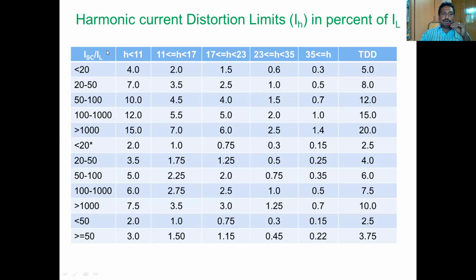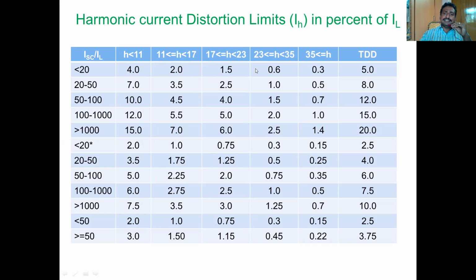Otherwise, if the load current is not maximum, if the load current is partial, you see here ISC by IL less than 20. If ISC by IL is 20 to 50. If it is less than 20, see that when the harmonics are also differed: less than 11 harmonics, 11 to 17, and 17 to 23.